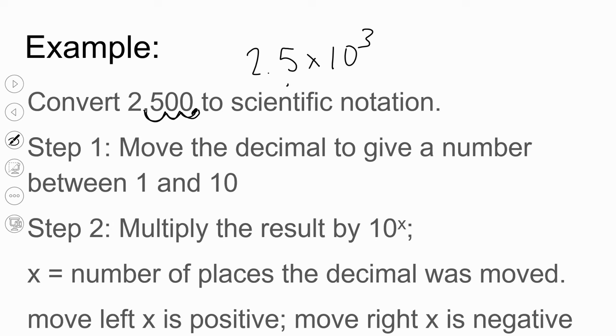Because we want that number between 1 and 10. If I had only moved twice, I would have 25 times 10 to the 2, which is a correct number, but it's not correct scientific notation. Or if we moved all the way, it would be 0.2. Good question.